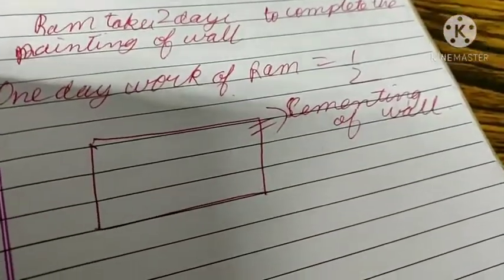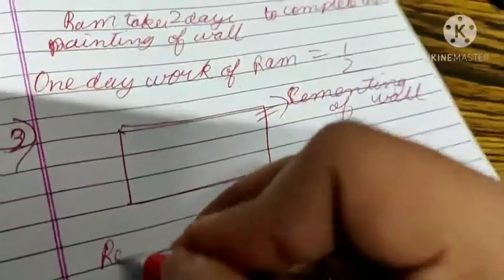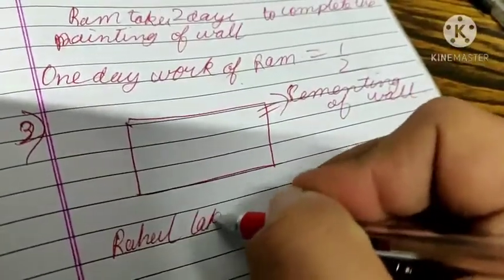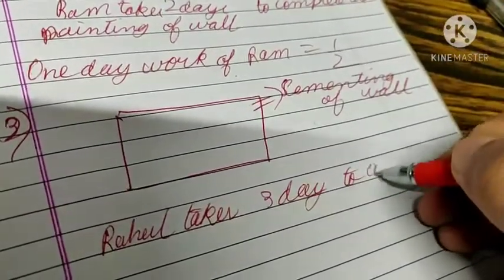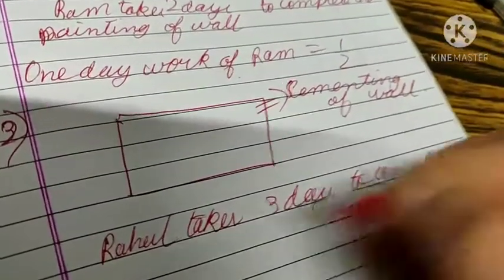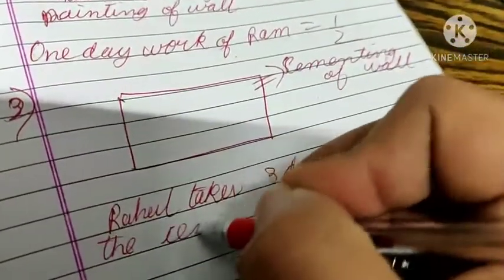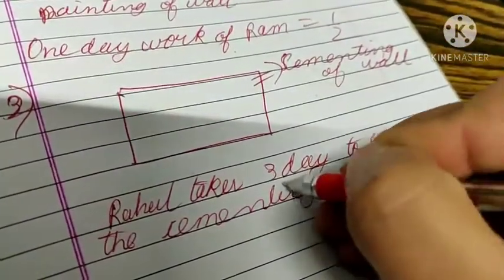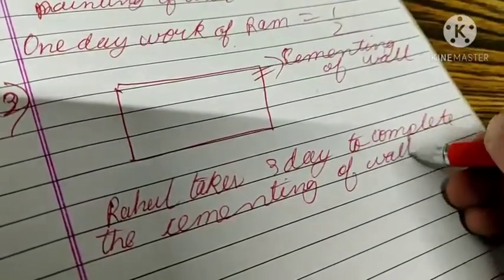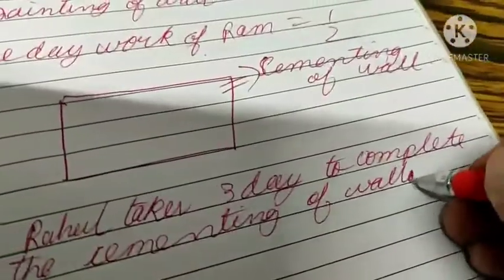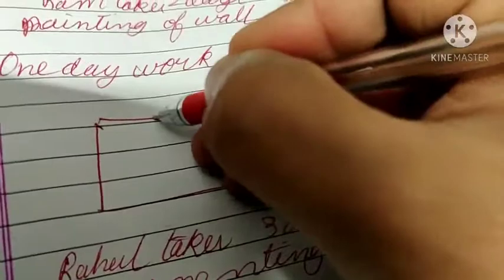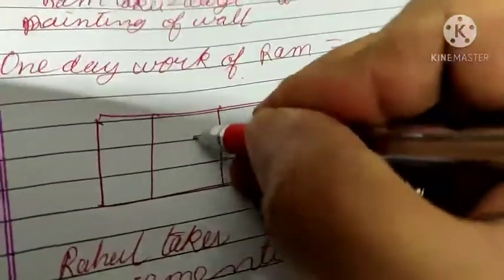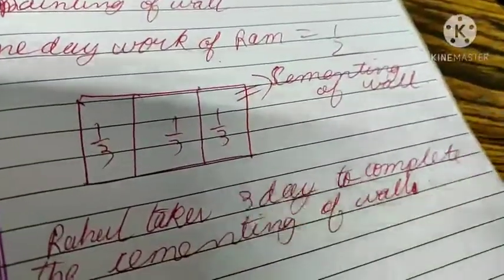Okay, the wall is to be cemented, and Rahul takes 3 days to complete the cementing of the wall. So on the first day he might be doing 1/3 work, and the second day another 1/3 work, means 1/3, then 1/3, then 1/3. Adding all these 1/3, 1/3, 1/3, you will get one complete work.